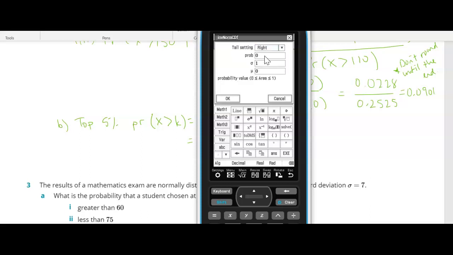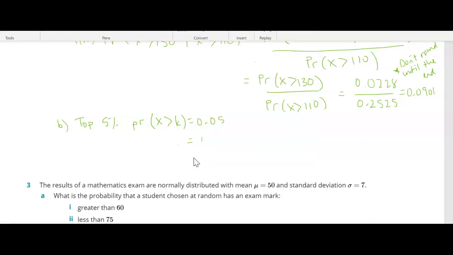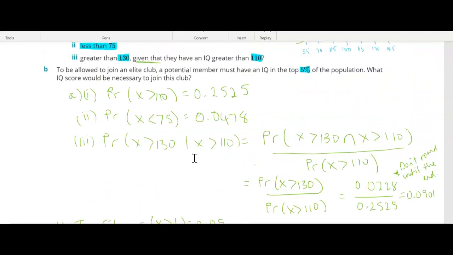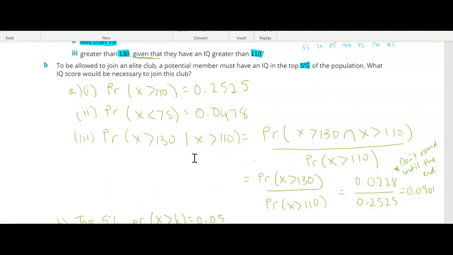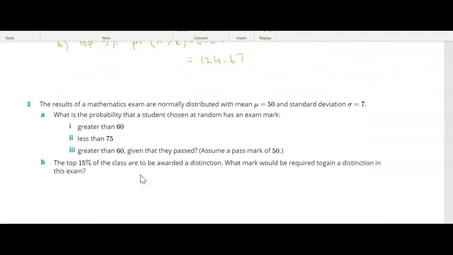The probability has to be 0.05. The standard deviation for this question is 15 and the mean is 100. So we get 124.67. It doesn't tell us to round to anything, but if you had to round, probably 125.